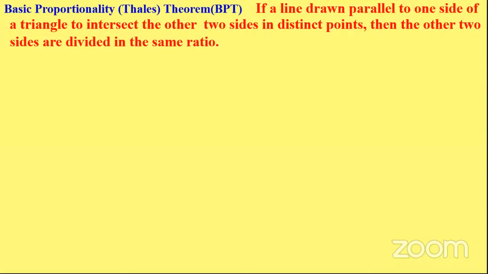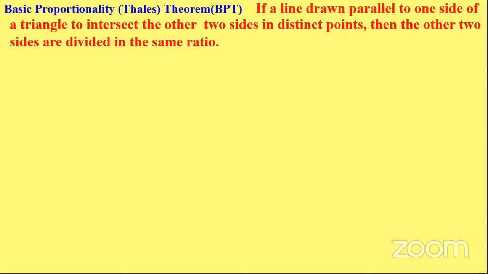If a line is drawn parallel to one side of a triangle to intersect the other two sides in distinct points, up to here is given.